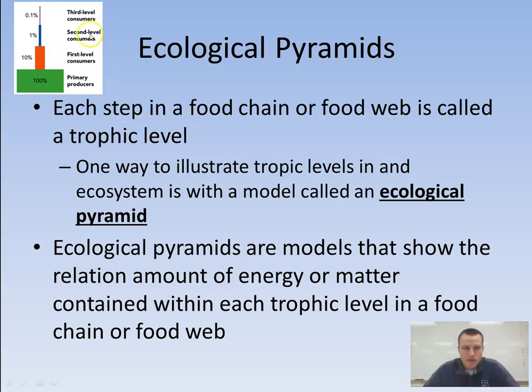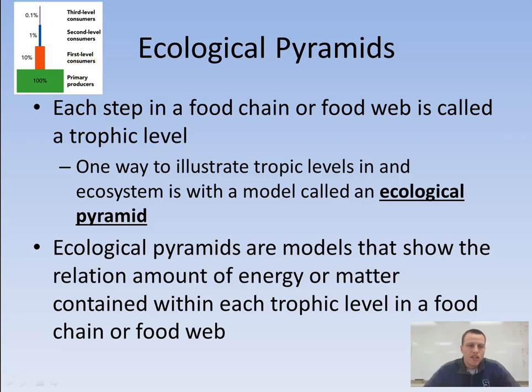That's our trophic levels. One way to illustrate trophic levels in an ecosystem is with a model called an ecological pyramid. What ecological pyramids do is model and show the relationship of the amount of energy or matter contained within each trophic level in a food chain or food web.